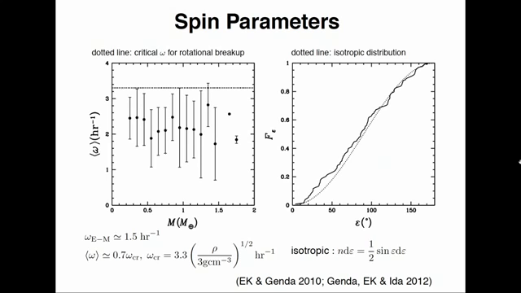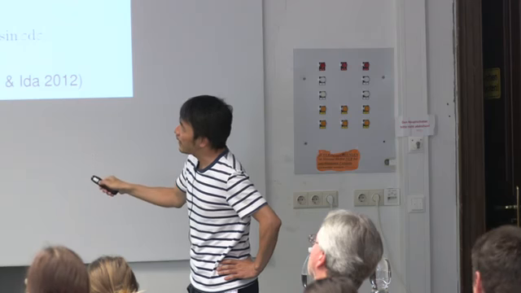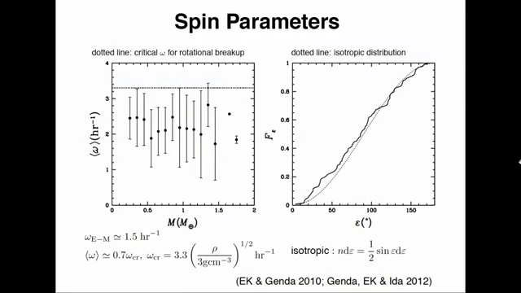The planet cannot spin faster than this, and if the spin velocity exceeds this, the body fragments. What we found is that the mean spin angular velocity is about 70% of this critical angular velocity, and it's independent of the mass of the planet.